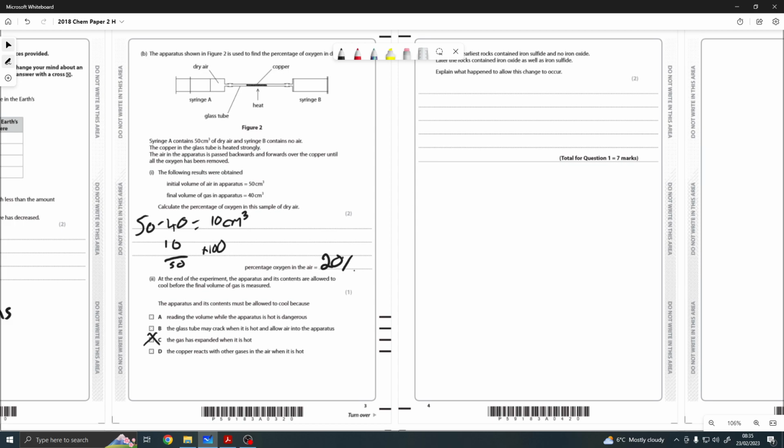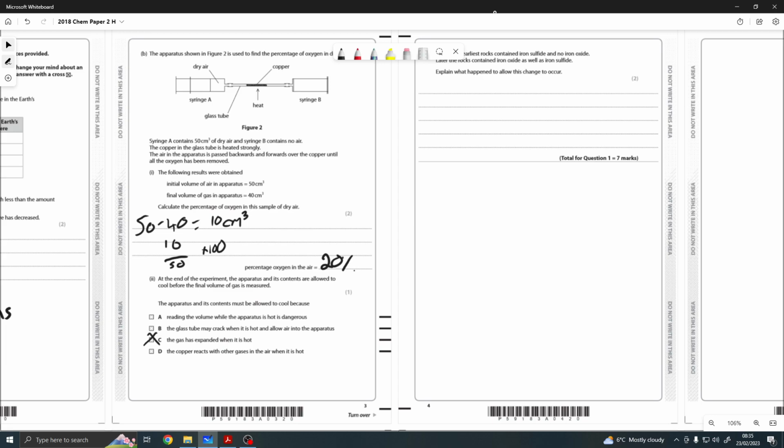Earth's earliest rocks contained iron sulfide and no iron oxide. Later, the rocks contained iron oxide as well as iron sulfide. Explain what happened to allow this change to occur. Well, sulfides are formed when there's no oxygen in the atmosphere. Then obviously oxides require oxygen.